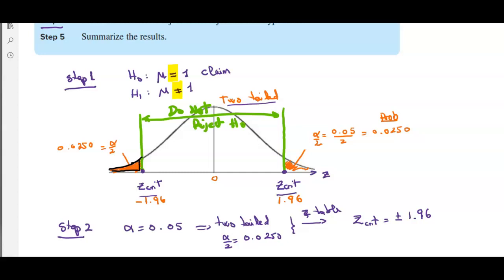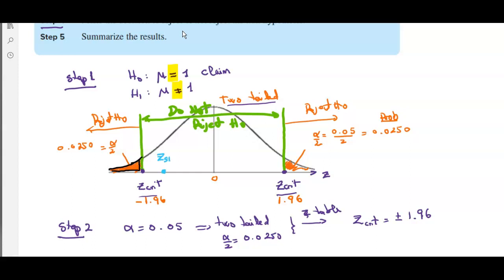However, if you are outside this side or this side, you're going to reject H0. Now how can we make a decision? Just by placing the z stat, which is equal to minus 1.57. So maybe you're going to be somewhere here.